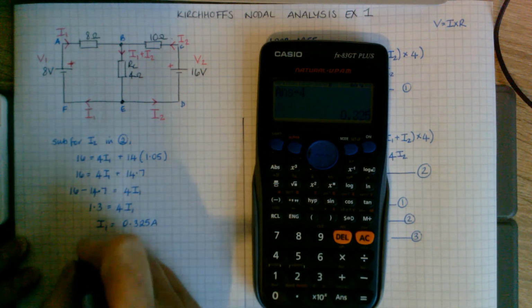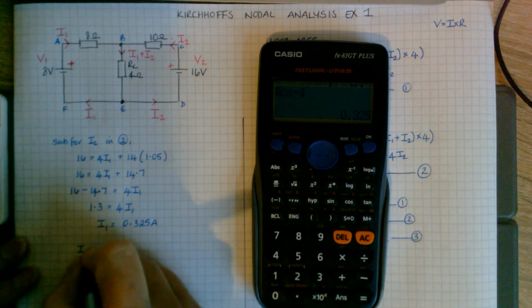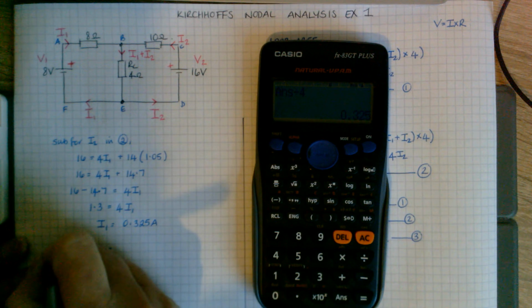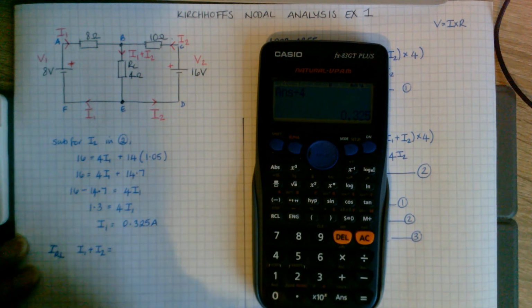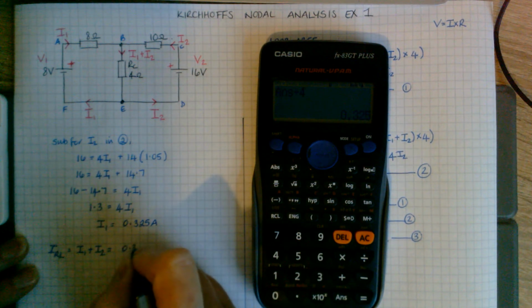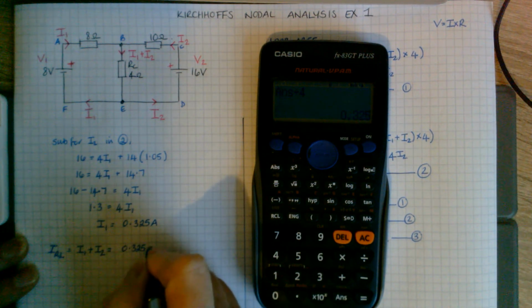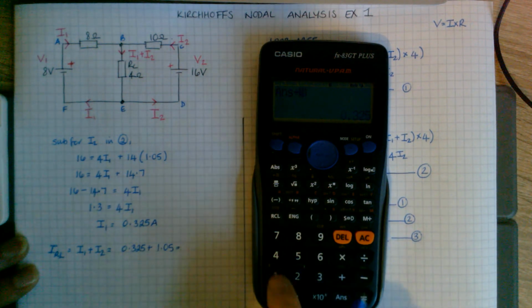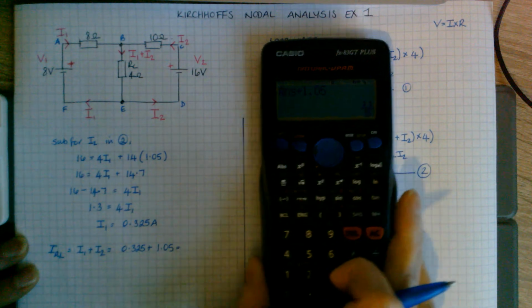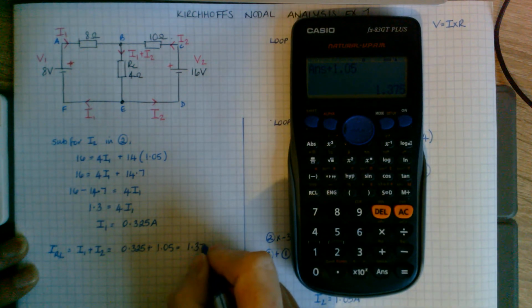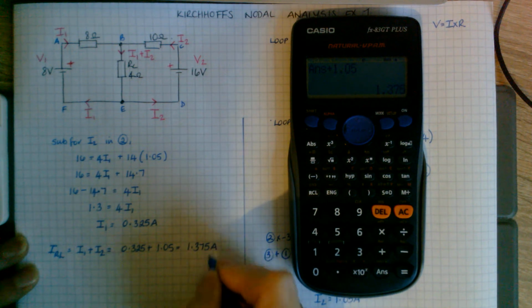Then my current through my load, I1 plus I2. But actually that's IRL I'm calculating. So 0.325 plus the 1.05, 1.375 amps.